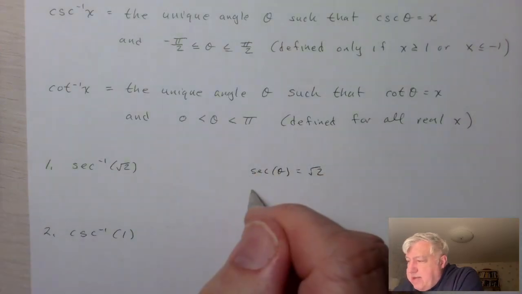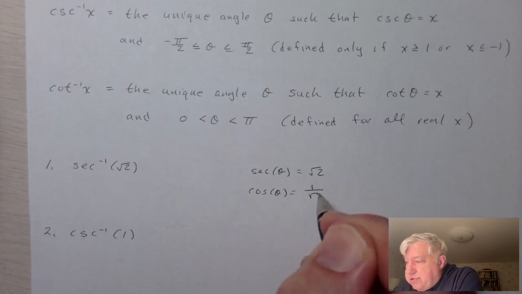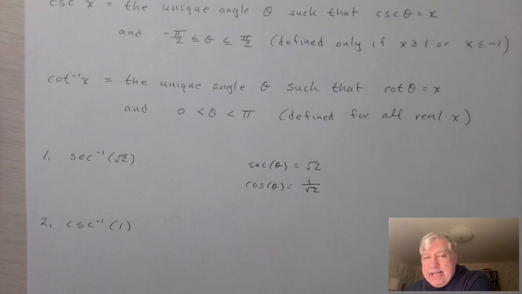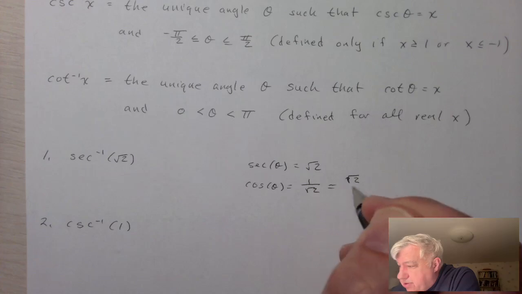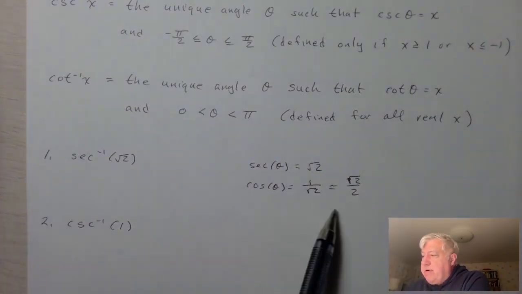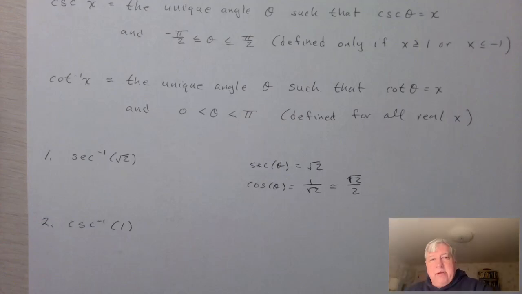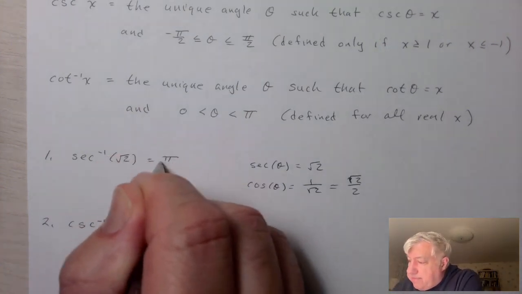That's the same thing as saying that the cosine of theta is equal to 1 over 2, because the secant and the cosine are reciprocals. By now, hopefully you're getting good at memorizing these values, and the angle that corresponds to that is 60 degrees, or pi over 3. So the correct answer would be pi over 3, because it's certainly in this range.